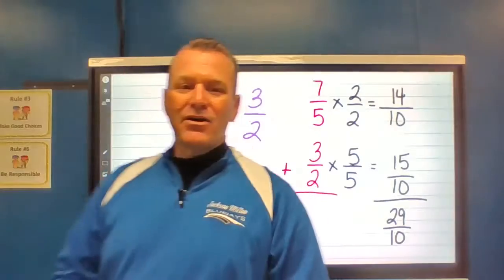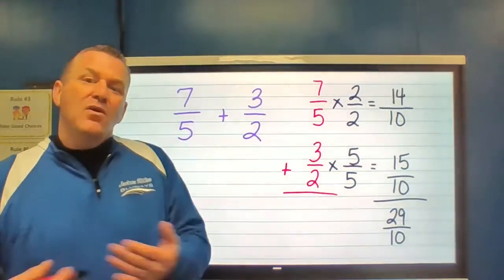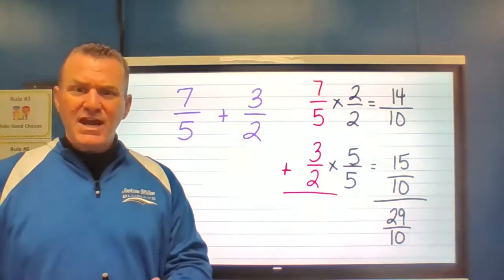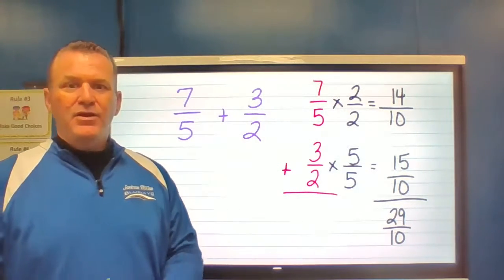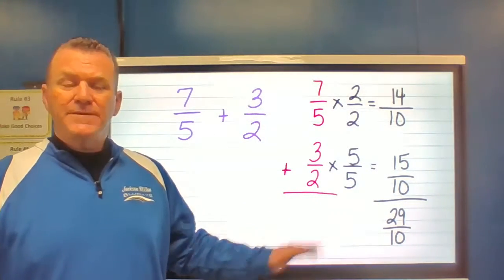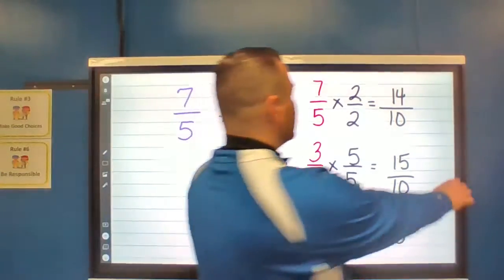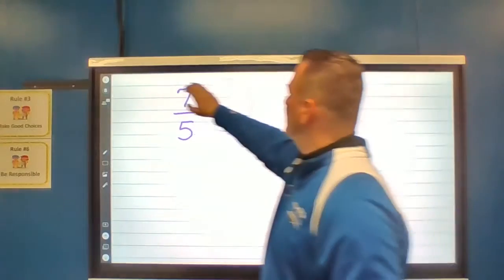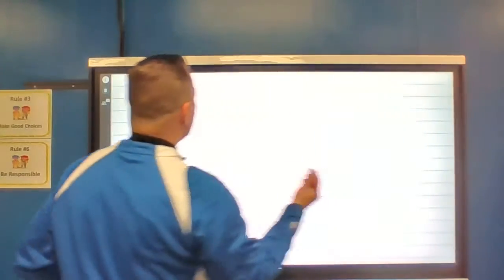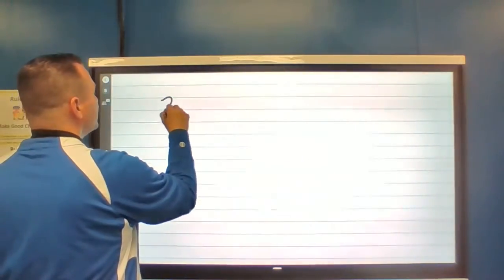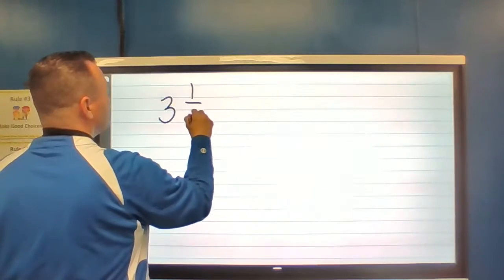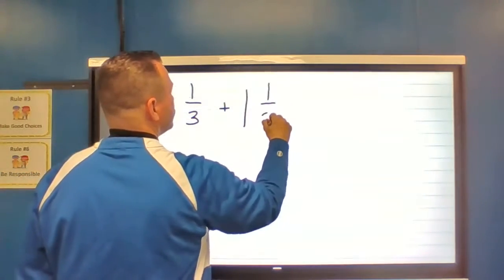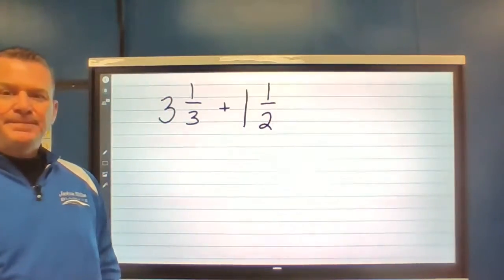So it doesn't matter if it's an improper fraction or a proper fraction. If my denominators are not the same, I have to get them the same through equivalent fractions. Now, if we're talking mixed numbers, so if I have 3 1/3 plus 1 1/2.